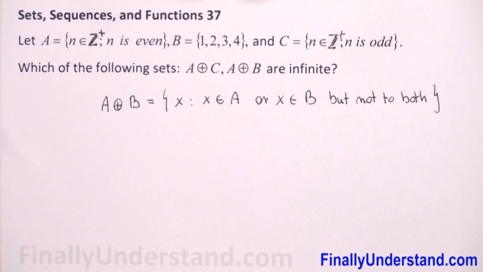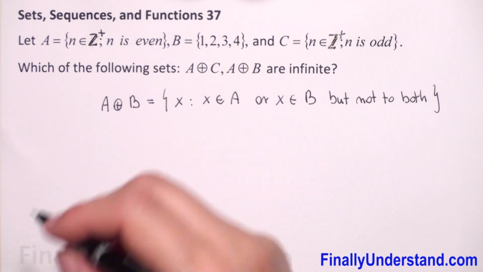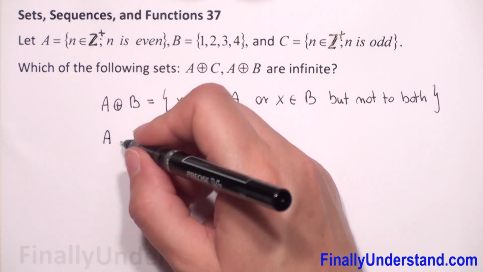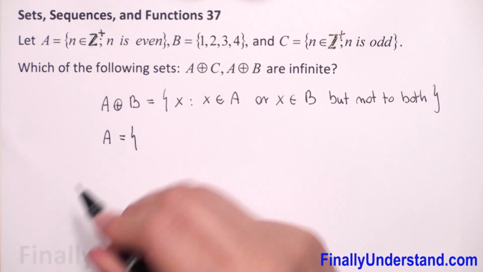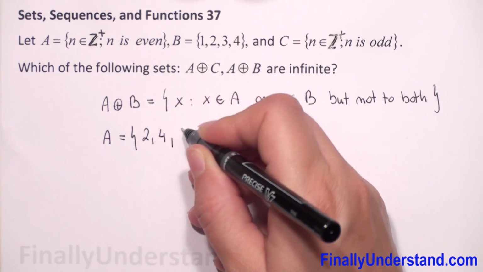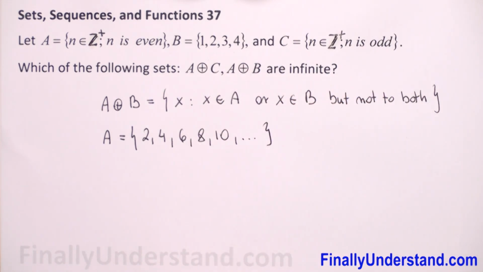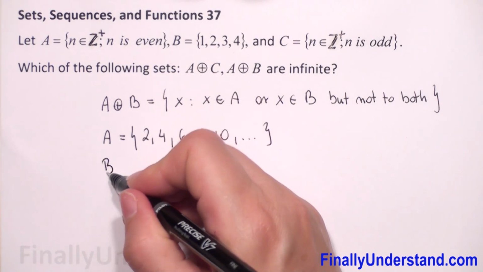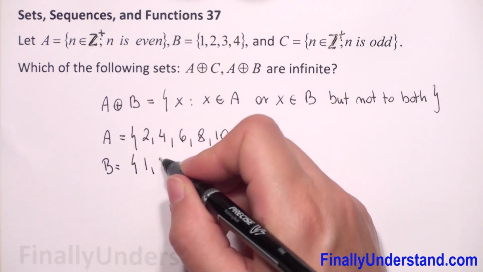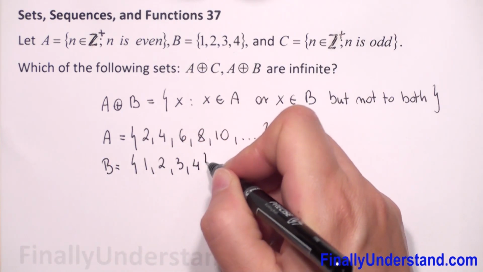We know that all the numbers used for counting are positive integers, and any integer that can be divided exactly by 2 is even. So set A has elements 2, 4, 6, 8, 10, and so on. And B has elements 1, 2, 3, 4.